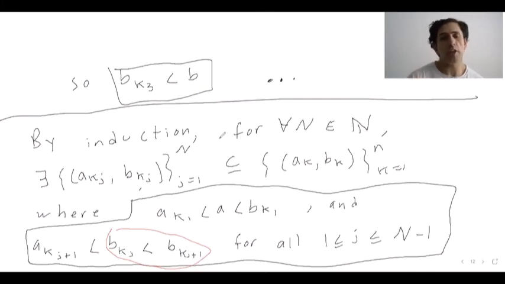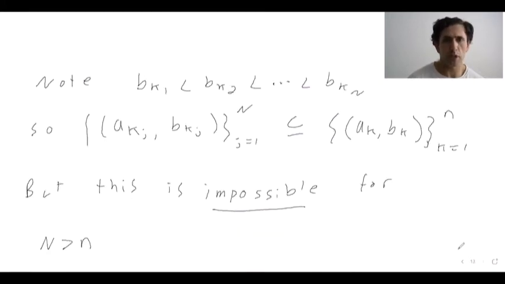Or rather, there's nothing wrong with this statement here. This is a correct, true statement by our assumptions. But that leads to the absolutely absurd conclusion that this cover, which has n elements, in fact has at least big N elements for every single natural number N, so it actually has to be infinite. That's absurd, okay?